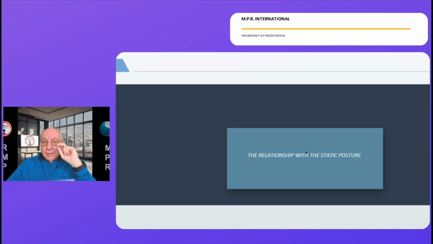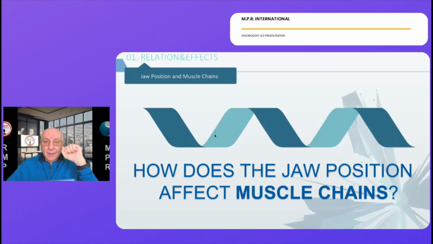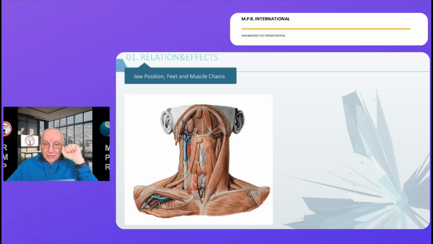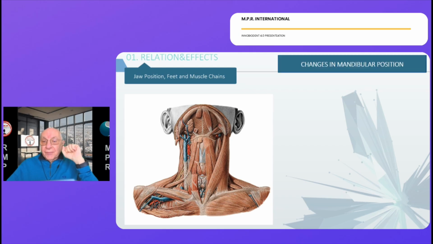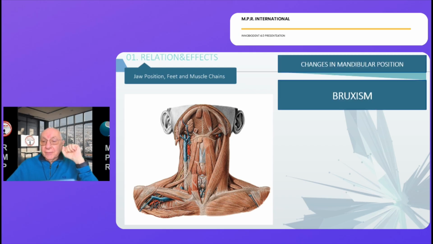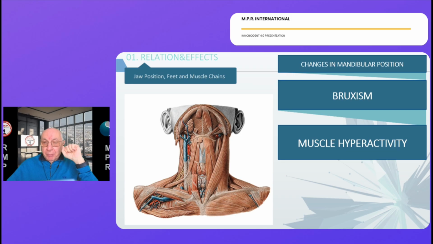Let's now look at the correlation with static posture. How does the jaw position affect muscle change? A dysfunction of the craniofacial system activates one of the central nervous system's protective responses to defend the TMJs, that is, bruxism.